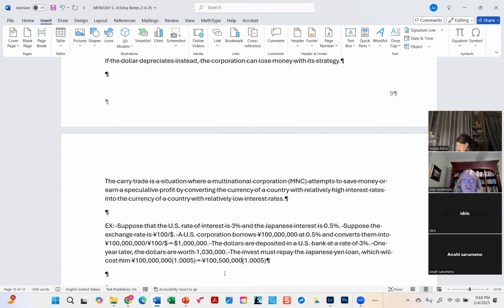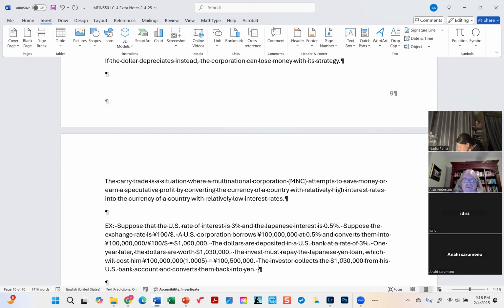Now, here's the question. How many yen do I have now? So the investor collects the $1,030,000 from his US bank account and converts them back into yen.